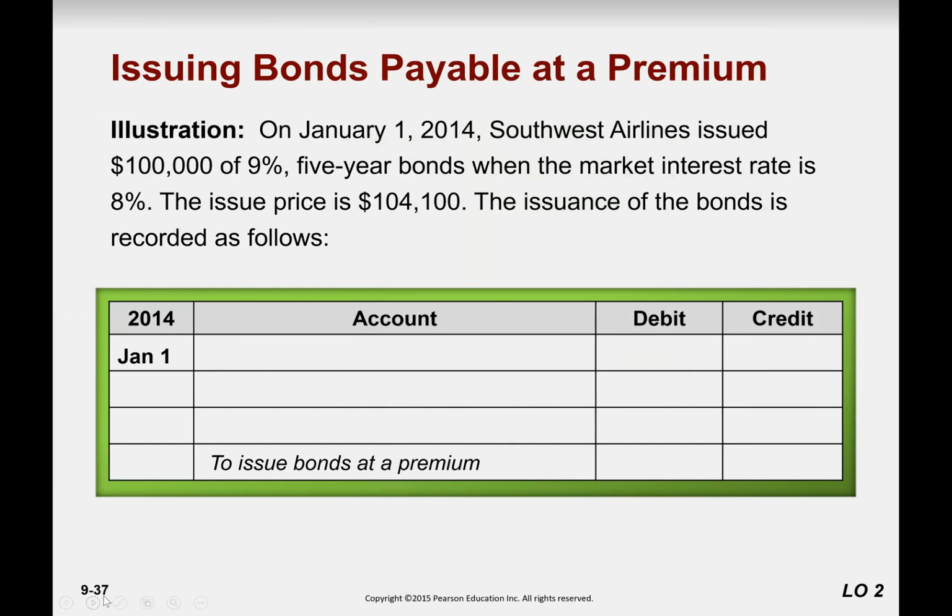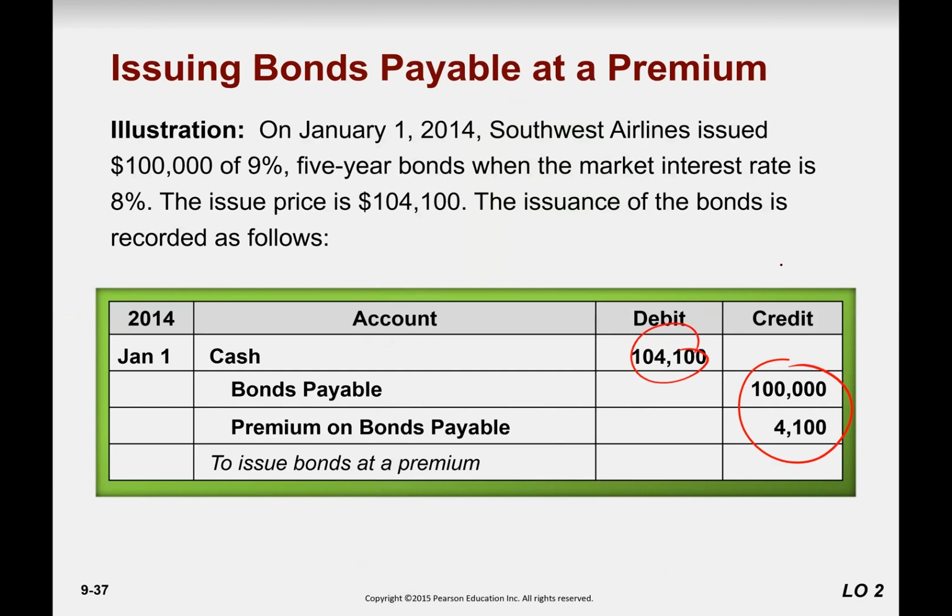Fairly simple. Cash, to bonds payable and premium on bonds, right? Discount is treated as a debit balance. Premium is treated as a credit balance, right? Now, you tell me, what is our commitment or what is our liability?